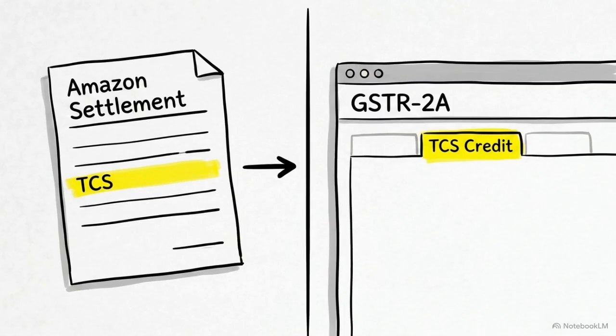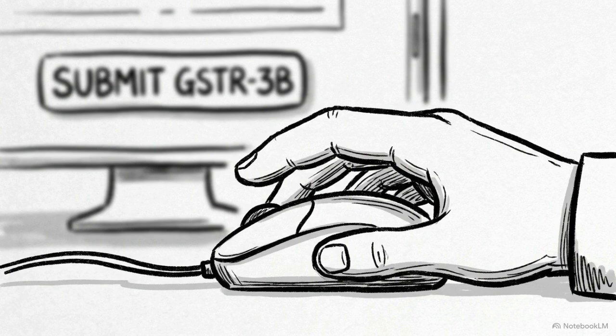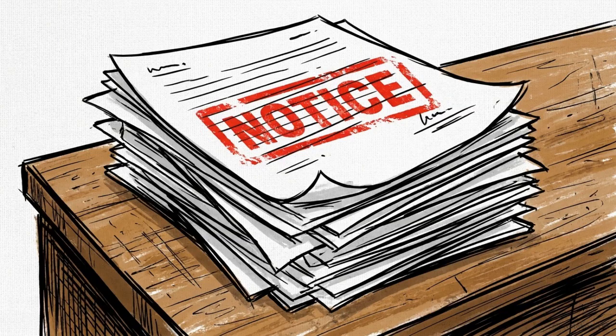The TCS credit shown here should perfectly match the deduction recorded in your Amazon settlement report. Do not claim this TCS credit in your GSTR-3B filing until it actually appears in your GSTR-2A. If the platform is late filing their GSTR-8 return, claiming it early will trigger a tax notice.